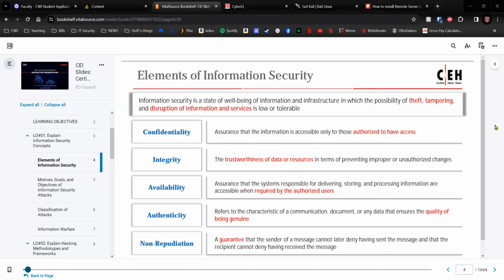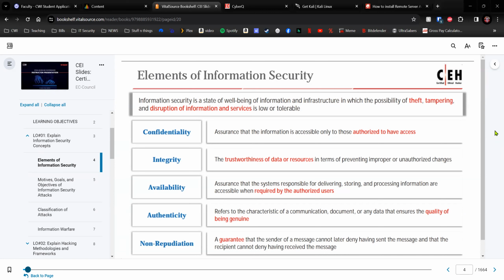Okay, so elements of information security. Information security is a state of well-being, or a baseline if you want to call it that, of information and infrastructure in which the possibility of theft, tampering, and disruption of information and services is low or tolerable. So remember us talking about the CIA triad.